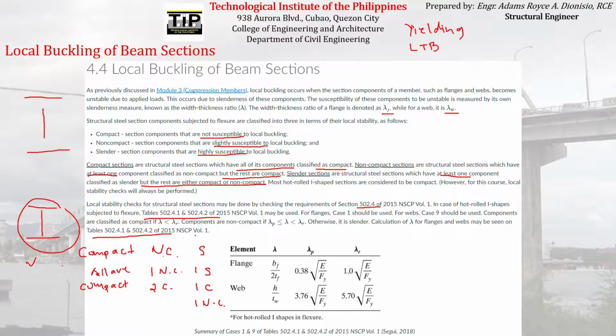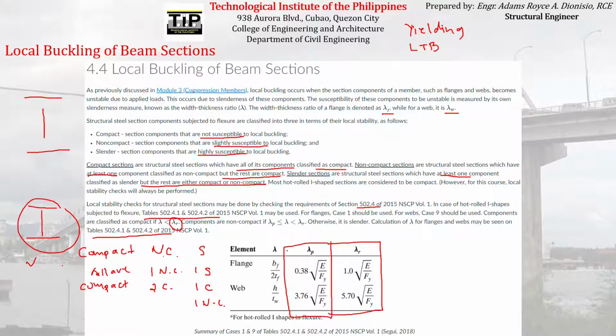So, this is how we can classify every section component, whether they are compact or non-compact or slender. So we have to compare them with respect to these two maximum width-thickness ratios. Ito yung mga kumbaga limitation ng mga classification. Okay? Kapag yung lambda na na-compute mo ay less than sa lambda p, I think there was just a typo error in the slide.